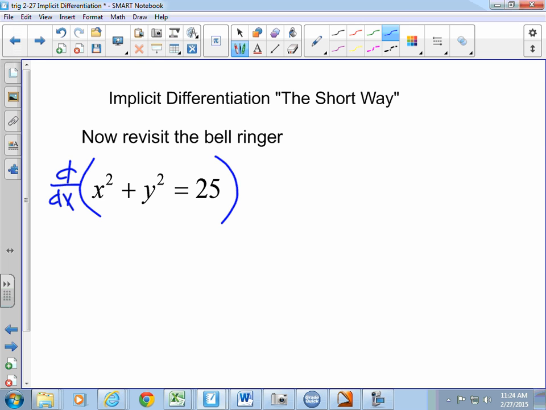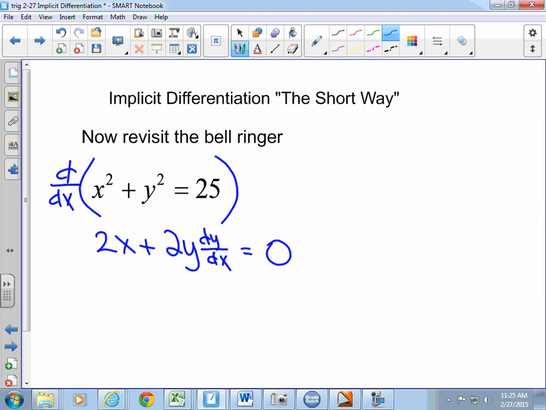So what's the derivative of x squared? What's the derivative of y squared? And what's the derivative of 25? I now want to get dy dx by itself, right?